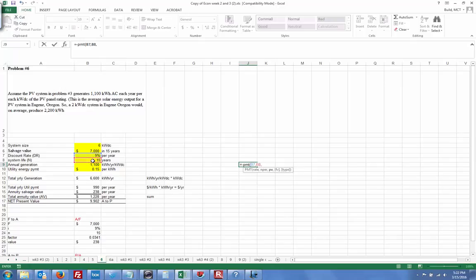The present value, we're just going to leave that blank because we don't have the present value. The future value is $7,000. There it is. So you could have $7,000 in 15 years, or you could have $238 per year.